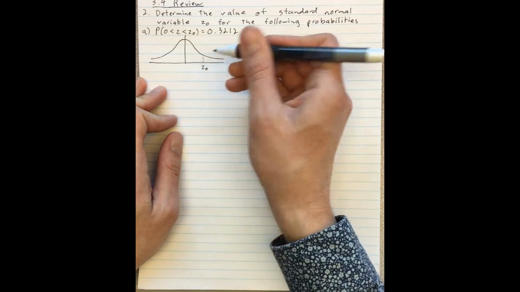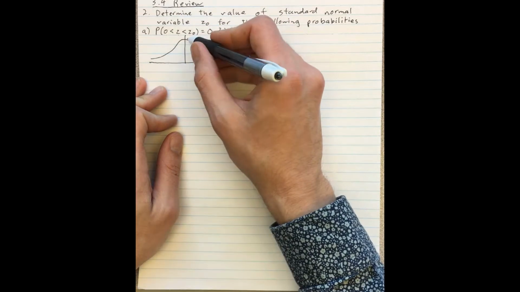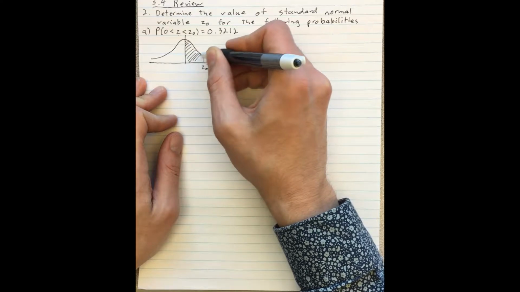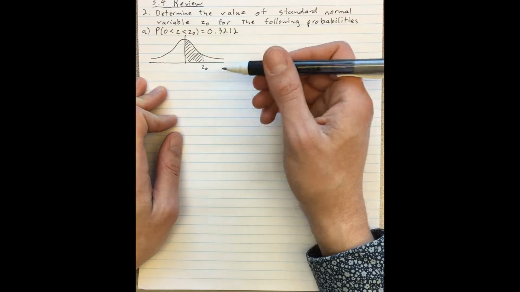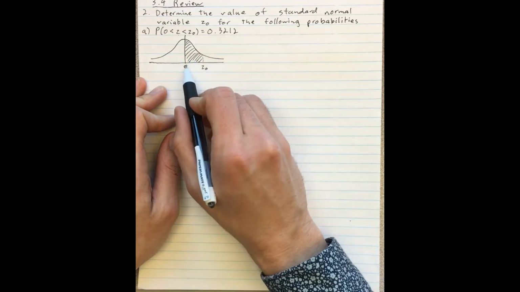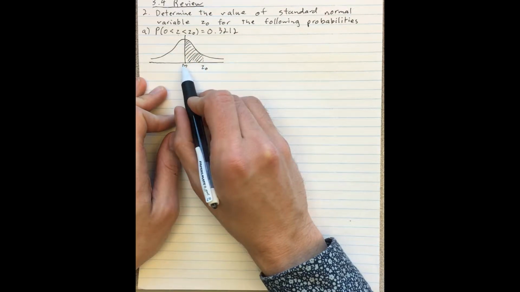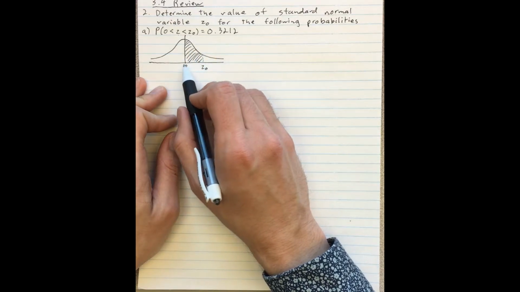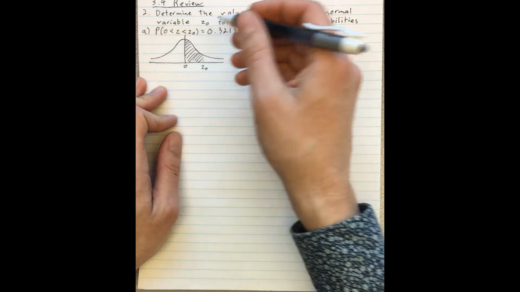We don't really know where, so I'm just going to guesstimate. Here's 0, and the variable ranges above 0 and less than z naught. We're trying to find that probability.